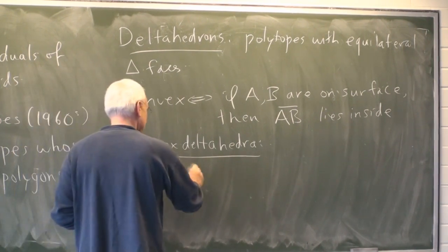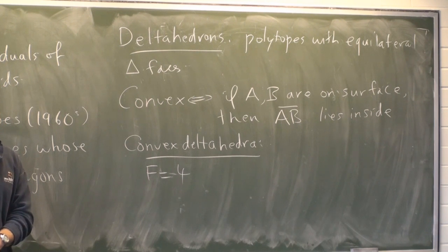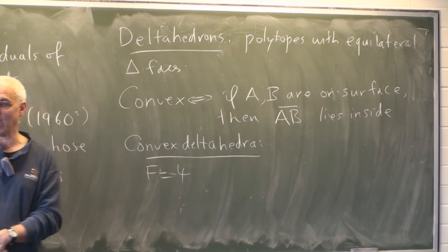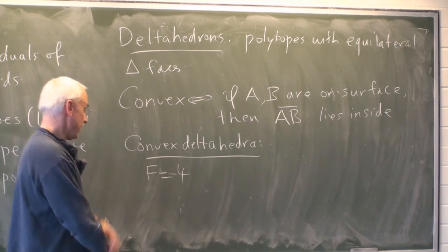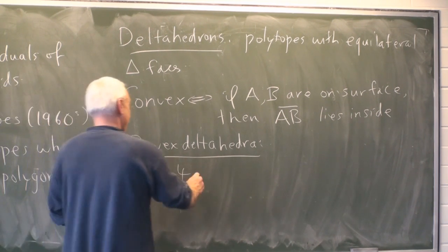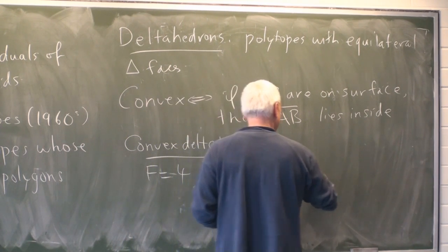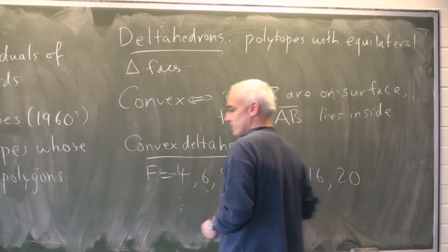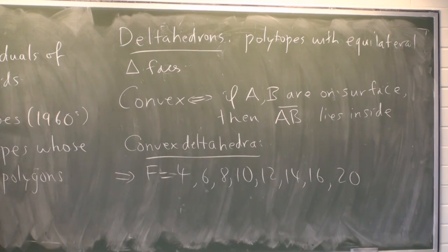They all have to be even. It's not hard to see, because if you count edges, then 3 times the number of faces is 2 times the number of edges, and so the number of faces has to be even. So F equals 4 is our tetrahedron, and then we have 6, 8, 10, 12, 14, 16, and 20. These are the only possible deltahedra.